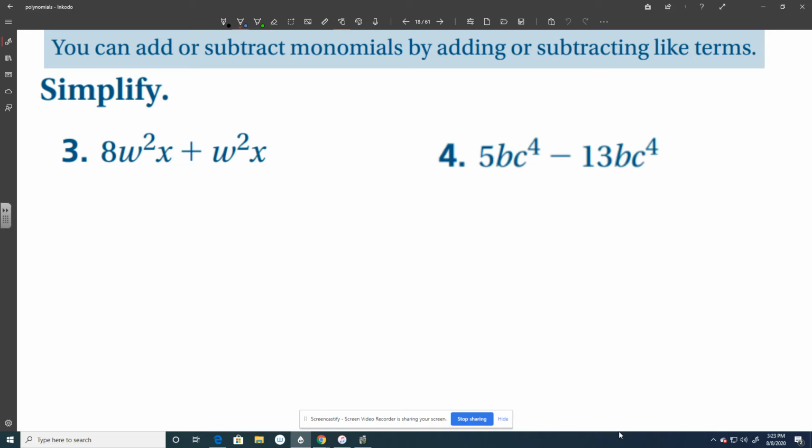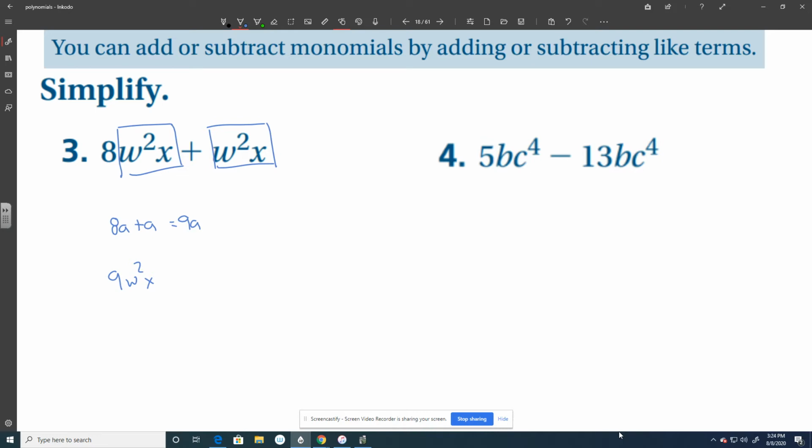The difference is instead of 8w squared x plus w squared x, you had something like 8a plus a, and you can easily tell me that that's 9 a's. 8 of them plus 1 more, that's 9 a's. In this case, I've got 8 w squared x's, and then I have 1 more w squared x. So when I combine those together, I have 9 w squared x's.